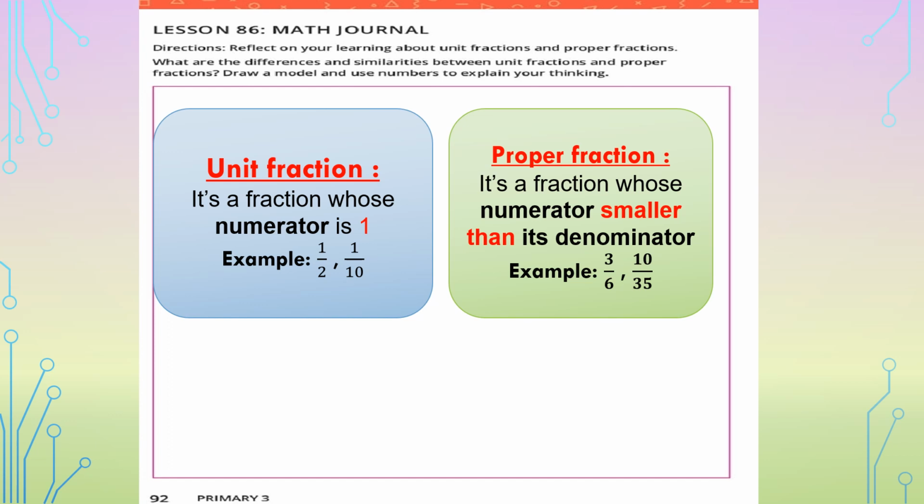But a proper fraction is a fraction whose numerator must be smaller than its denominator, for example 3 over 6 and 10 over 35. And here we can say a unit fraction is a proper fraction, because the numerator 1 is less than the denominator.